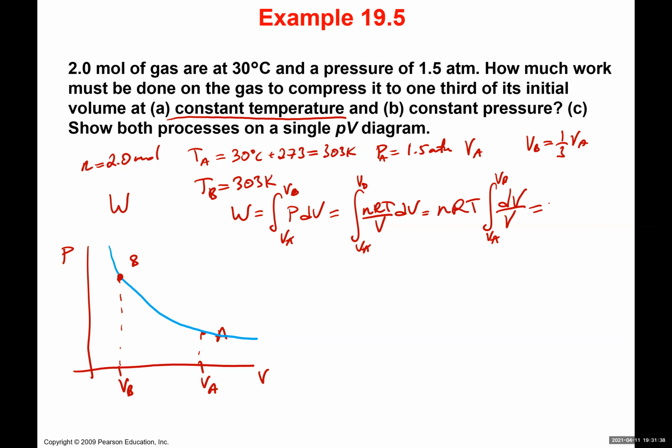Remember, this basically gives me nRT ln of VB over VA. Okay, so I can then calculate this. So 2 moles times R, the constant, which is 8.31. By the way, this was work done on the gas. That means I should not forget the negatives there.